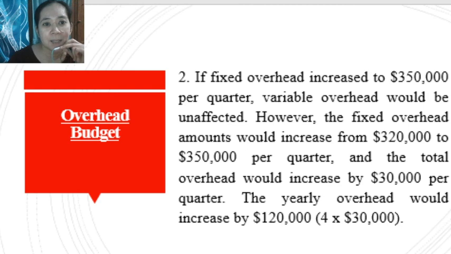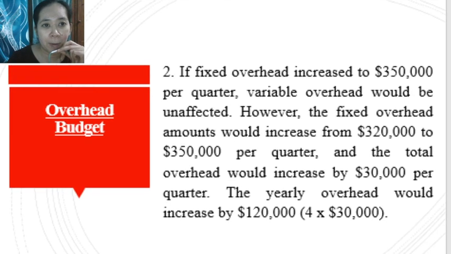Next, for requirement number 2: what if our fixed overhead increased to 350,000? Does it have any effect on our variable overhead? No, because we have a separate basis for variable overhead, and fixed costs are fixed based on their estimate. Therefore, any changes in the fixed overhead will not have any effect on our variable overhead.